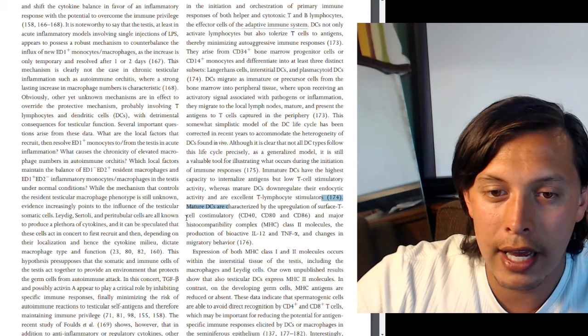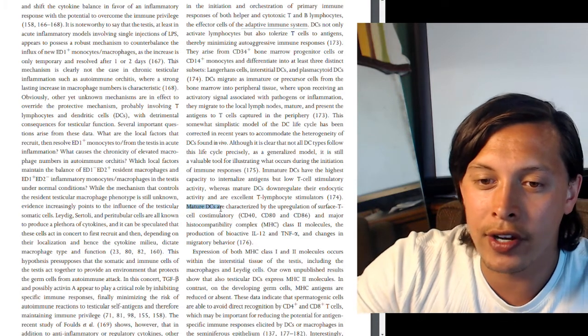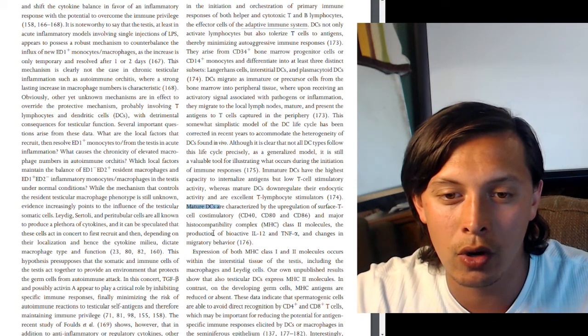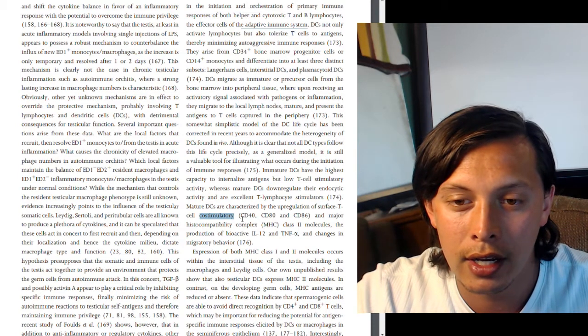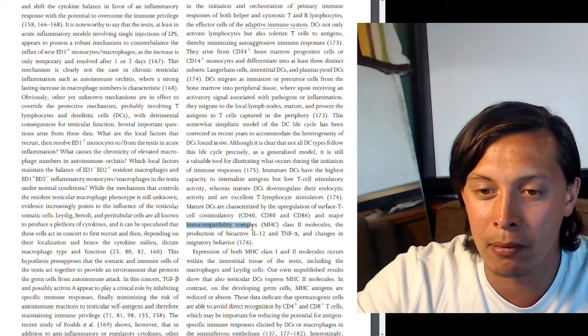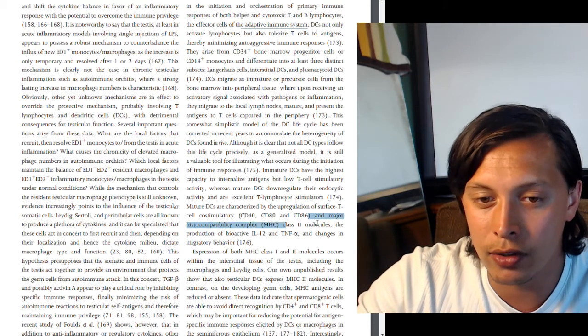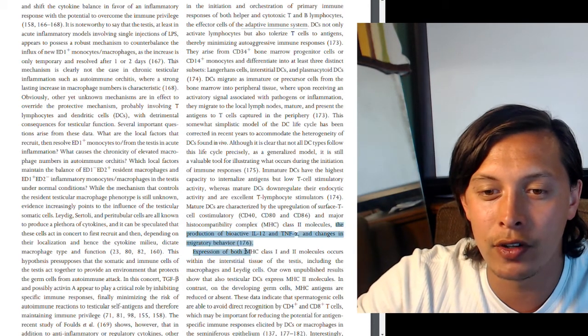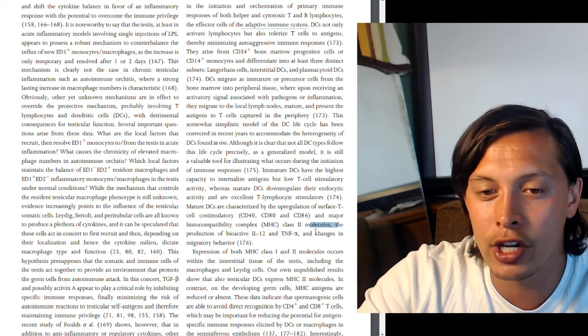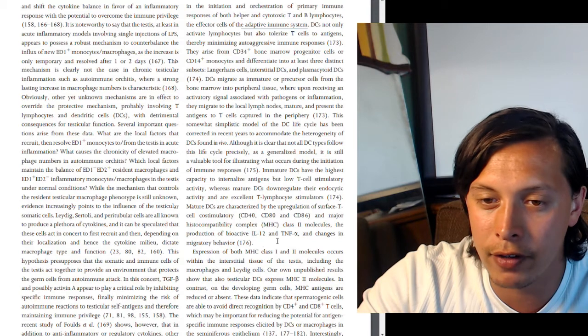Anyways, mature dendritic cells are characterized by the upregulation of surface T cell co-stimulatory and major histocompatibility complex class II molecules, the production of bioactive interleukin 12 and TNF-alpha, and changes in migratory behavior.